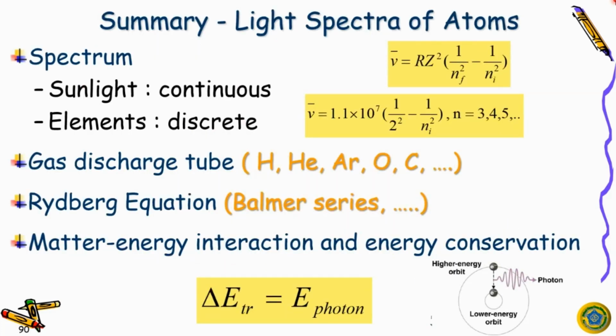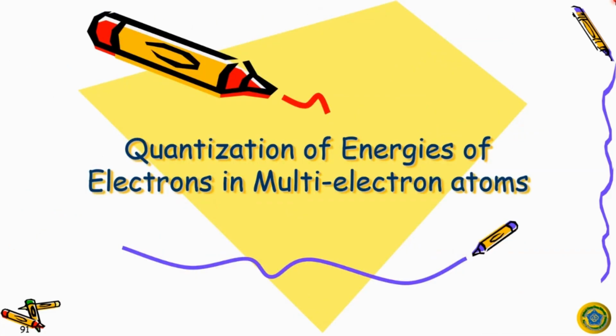Right. So this is the spectrum of hydrogen and the Bohr atomic model. Okay, before we move to the next topic, which is quantization of energy of electrons in multi-electron atoms.